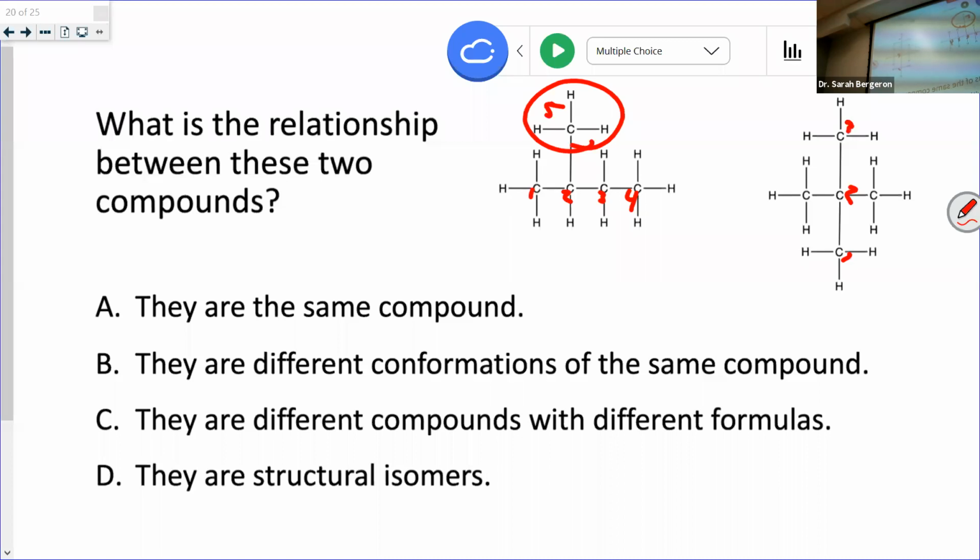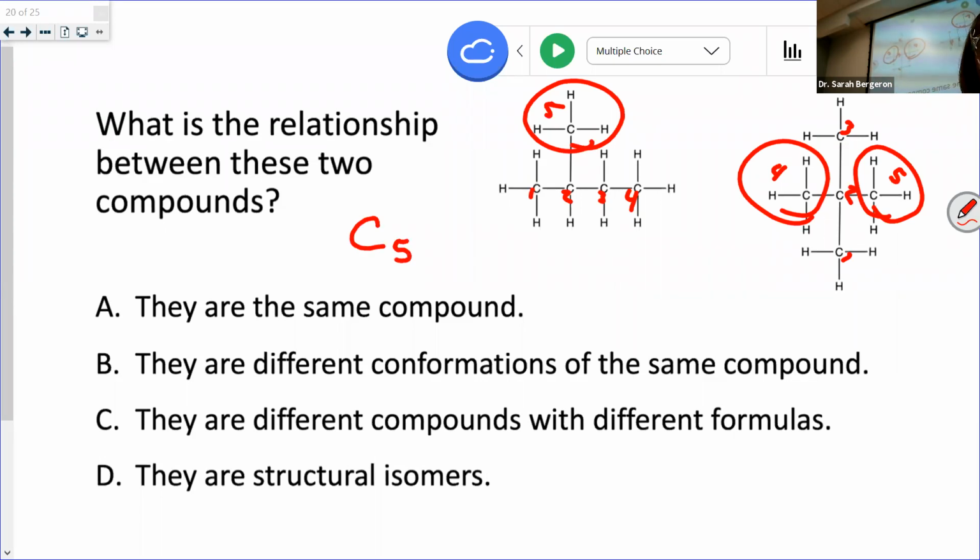Let's go this way. 1, 2, 3. Then I have 4 and 5 as substituents. Do they have the same molecular formula? I have C5H what?